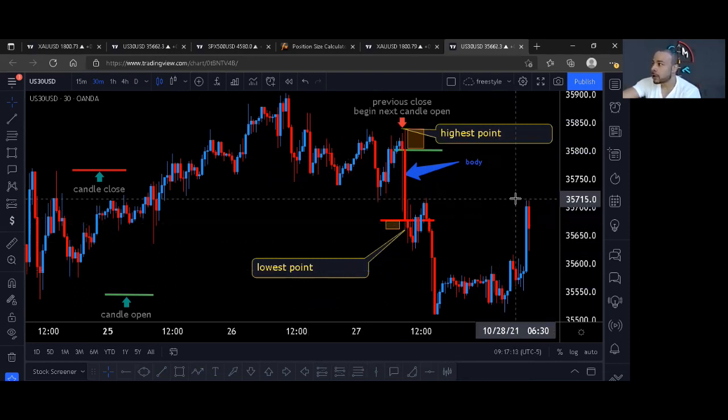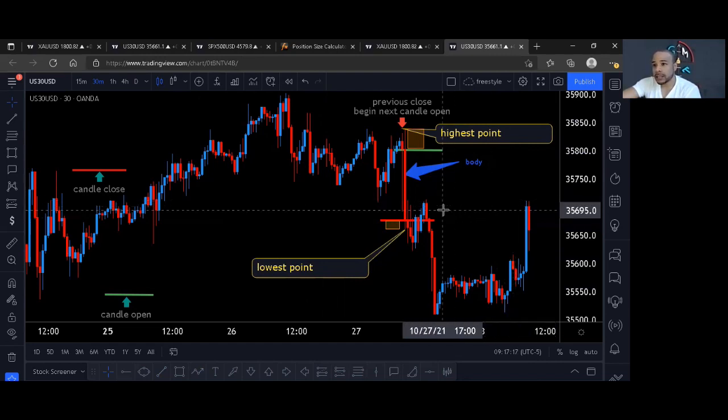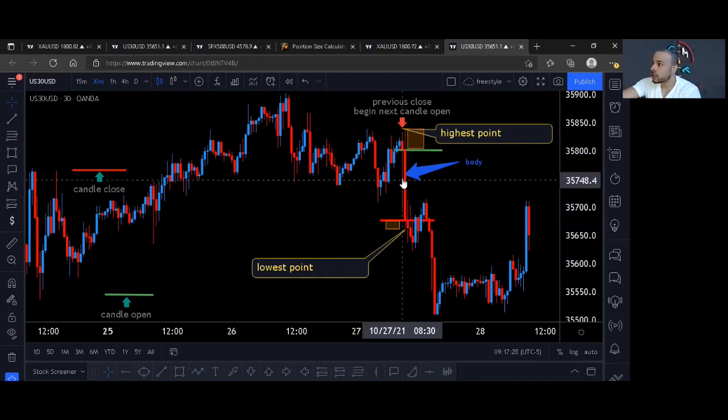Now remember, earlier on I was talking about wicks, and we do not care about dojis. This is a prime example of why you do not trade dojis. Look at this extremely long wick. When people see this, you know what people are thinking?